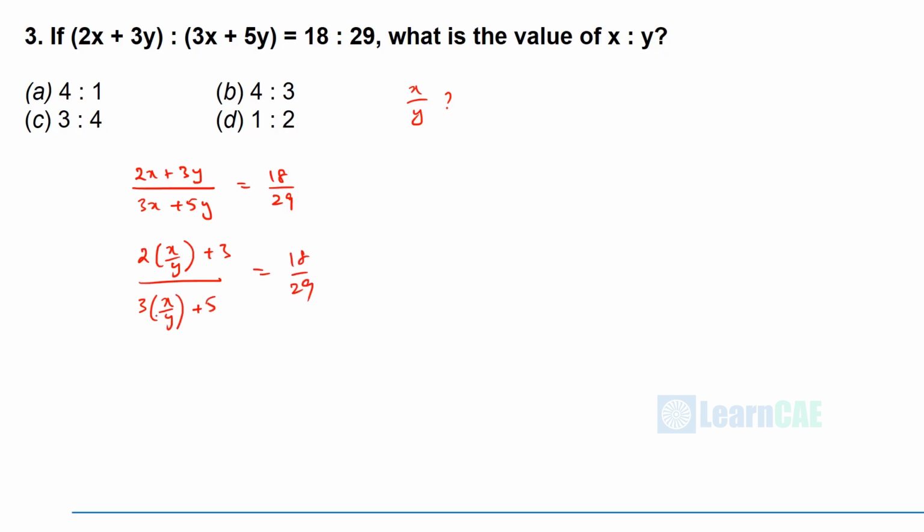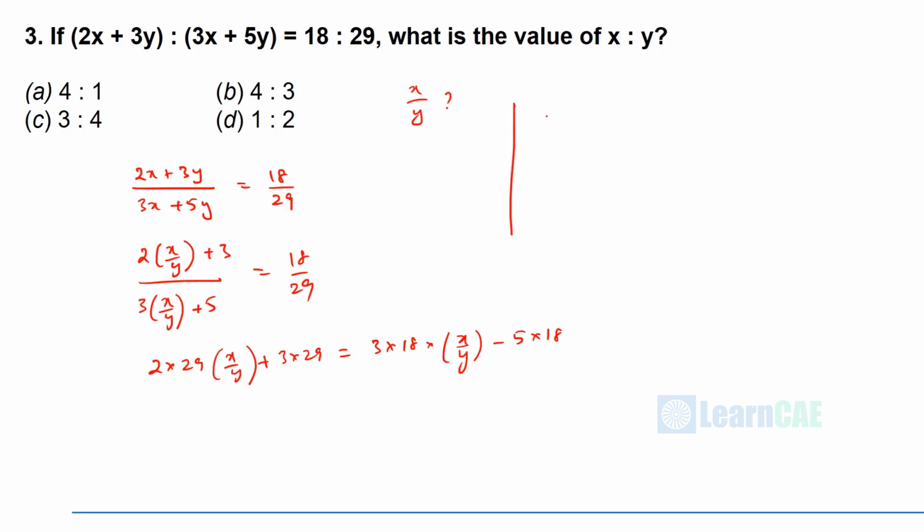is equal to 18 by 29. We shall multiply on both sides. 2 into 29 into x by y plus 3 into 29 is equal to 3 into 18 into x by y minus 5 into 18. Okay, we shall calculate this and then rearrange it.